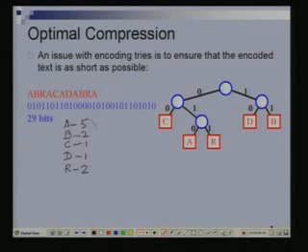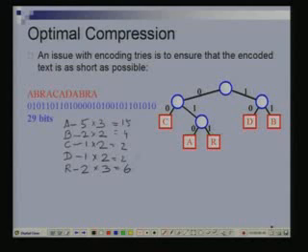For B? 2. For C? 2. For D? 2. For R? 3. Do you understand this multiplication, why I did it? I'm just counting the number of bits. So this becomes 15, 4, 2, 2, 6, which is 29.